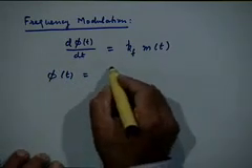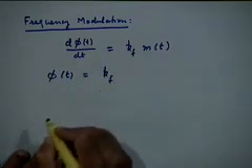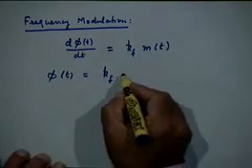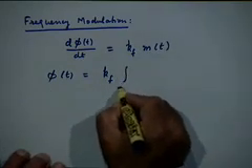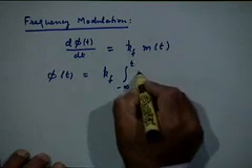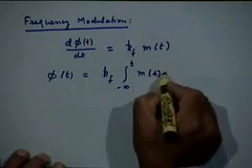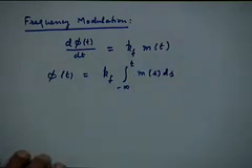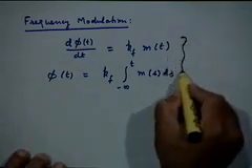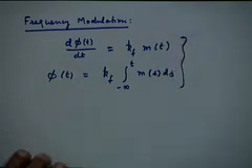What will be the expression for phase in this case? If you take the integral of this, it will become the instantaneous phase deviation, equal to k sub f times the integral from minus infinity to t of m of s ds, right. So these are the two ways in which you define frequency modulation.